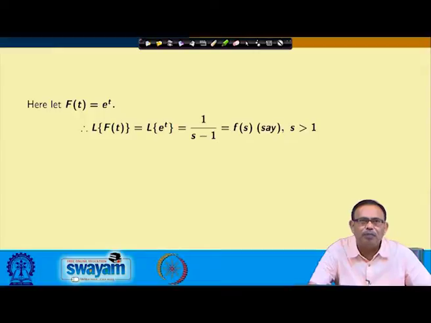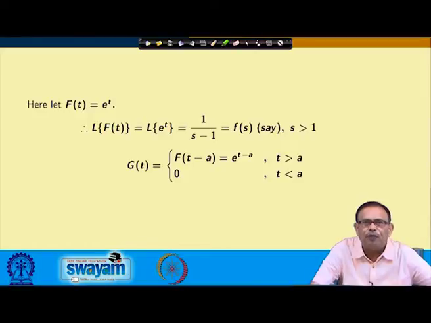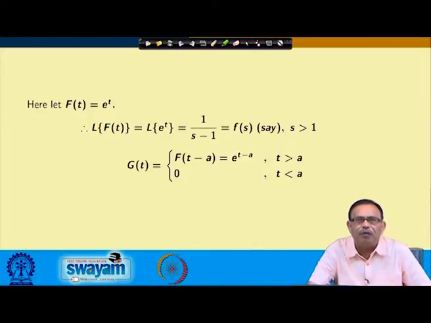Now, we are assuming that f t is equal to e power t. The Laplace transform of f t, that is the Laplace transform of e power t, is known to us: it equals 1 by s minus 1, which is F s, where s is greater than 1. Now, we take g t equal to f of t minus a, which is e power t minus a for t greater than a and 0 for t less than a.